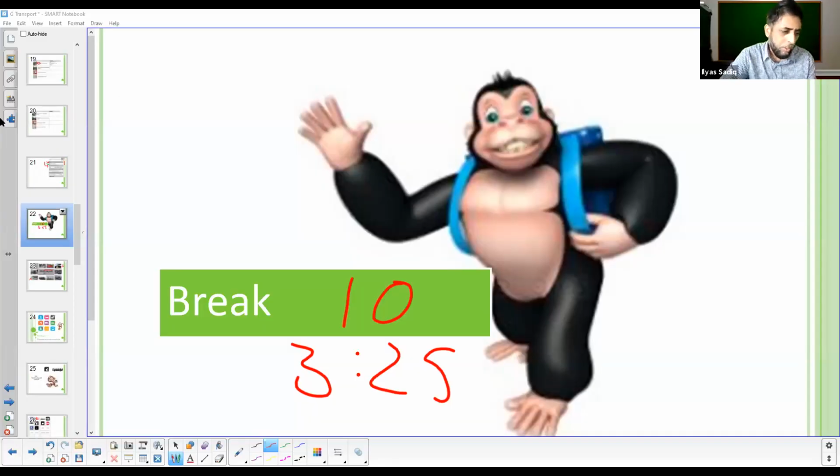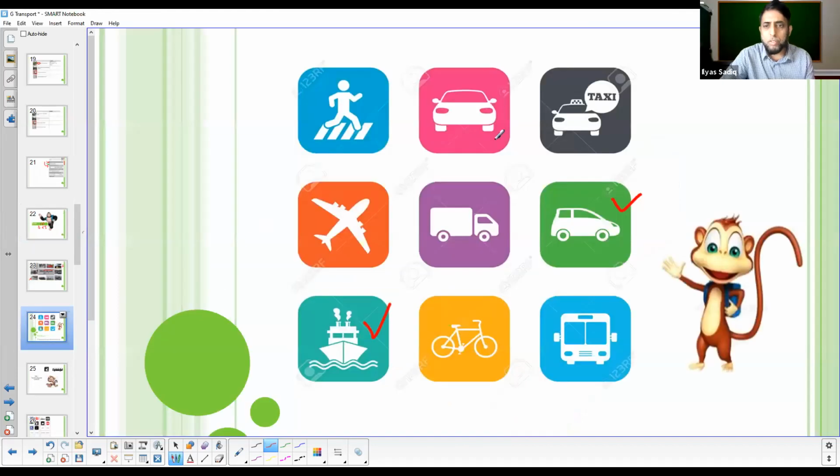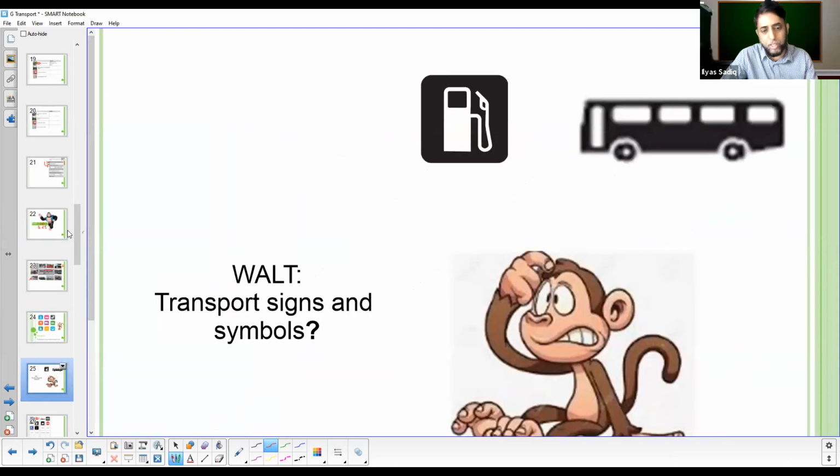So where we were up to here. Now we will go through some of the signs and symbols that we usually use in traffic or in the communication system. Transport signs and symbols. For example, if you see this symbol, what does it tell you, Amira?